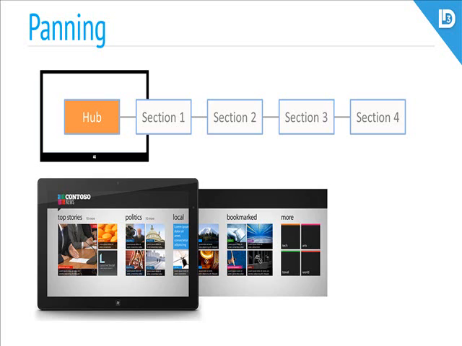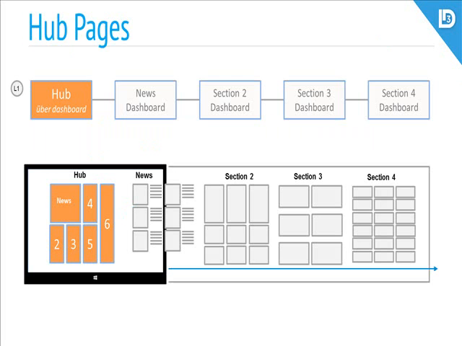Now let's talk a little bit about organization and how content gets organized by level and at the screen level as well. At the topmost part, as I mentioned before, there are hub pages. I'm going to try and keep to that news sample website I showed before. At the hub level, think of this as dashboards. We have a main dashboard, which is the hub here.